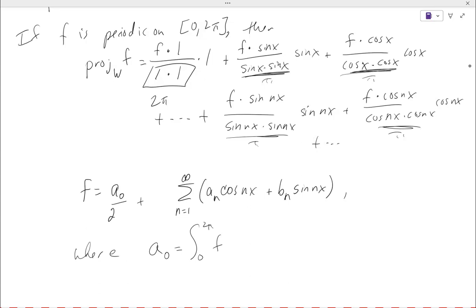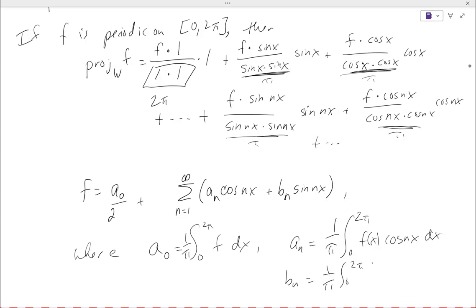Your A naught, of course, is just 1 over pi integral from 0 to 2 pi of f dx. Your A sub n will be 1 over pi integral from 0 to 2 pi of f of x cosine of nx dx. And your b sub n will be 1 over pi integral from 0 to 2 pi of your f of x sine of nx dx.